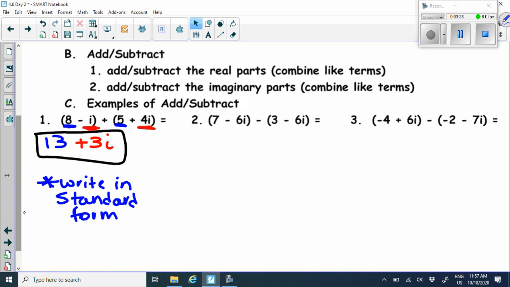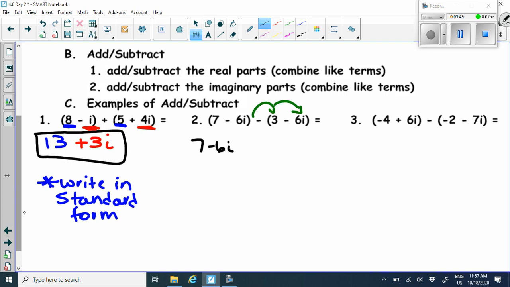Okay, let's look at number 2. Now we are subtracting. Now be careful when we subtract, because we need to distribute that negative to everything that is behind it. So basically everything in the parentheses. So I'm going to do that and rewrite this, so then I can combine my terms. So I now have 7 minus 6i, so that stays exactly the same.